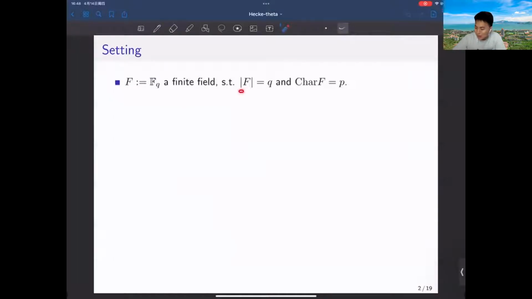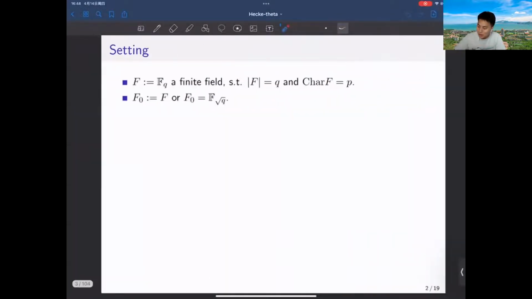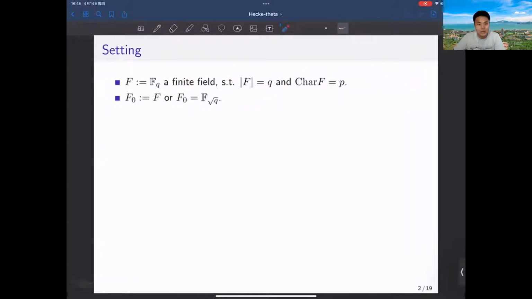This is the size of the field, and the characteristic is P. We will also fix a subfield of F, which we call F naught, which will be either F or the quadratic subfield of F. Then we will consider an epsilon-Hermitian vector space over F.